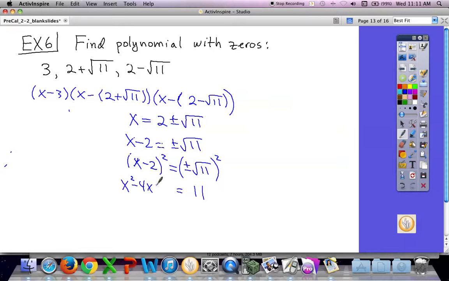Minus 4x plus 4. And now if you subtract 11 from both sides, you have x squared minus 4x minus 7. Okay, and that's what you're going to get when you FOIL this.